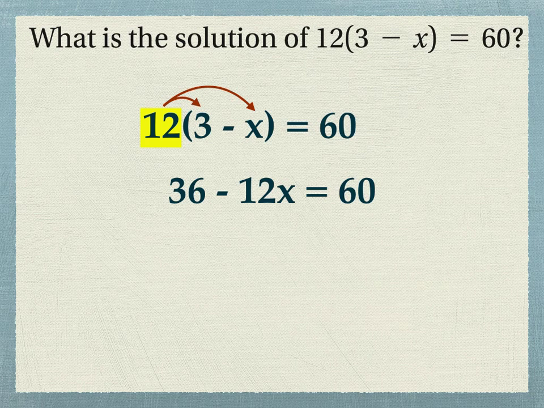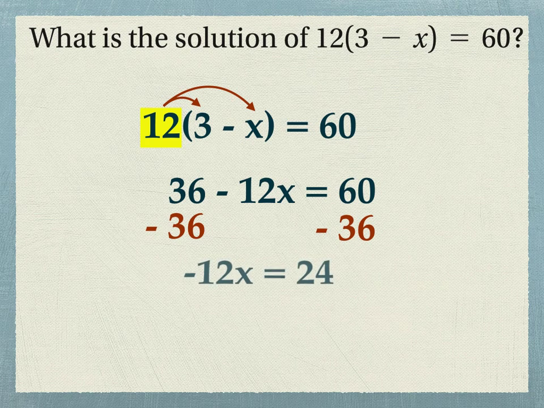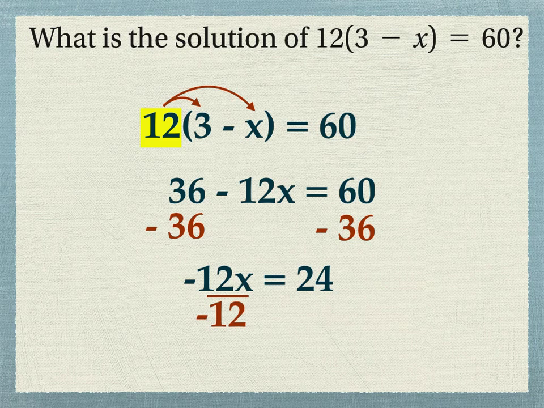Now what we need to do is go ahead and subtract 36 from both sides. When you do that, make sure that you bring down a negative 12x, because the subtraction sign would come down as a negative 12x equals 24. And then you're going to use the division property of equality to divide both sides by a negative 12, giving you x equals negative 2 as your solution.